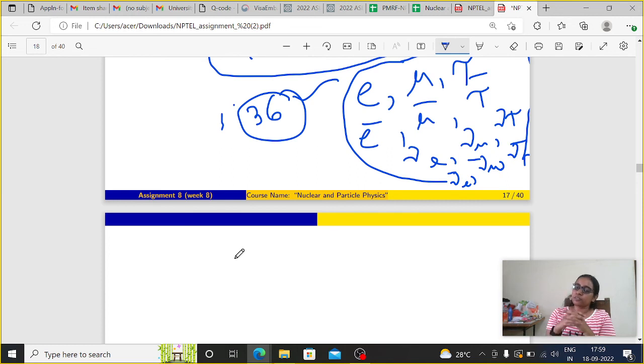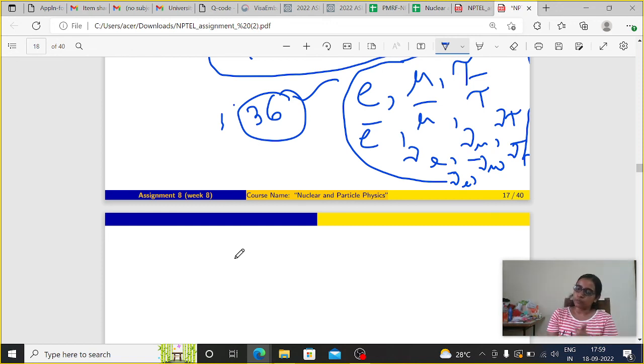But it cannot be said that this force is electromagnetic, because electromagnetic force says two protons, with positive charge, should obviously repel each other. That type of thing cannot be described by quantum electrodynamics. That's why we talk about something more, which is known as quantum chromodynamics.